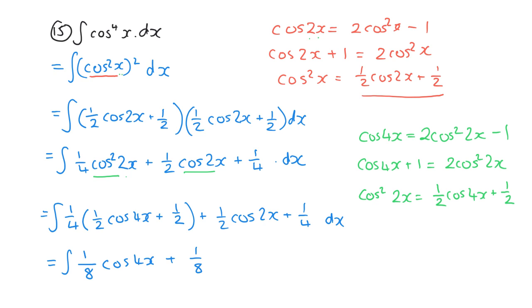So an 8th cos 4x plus an 8th plus a half cos 2x plus a quarter. Now you can tidy it up with the 8th and the quarter. So actually what we're integrating is an 8th cos 4x plus a half cos 2x plus 3/8, as our quarter and our 8th add together to give 3/8.